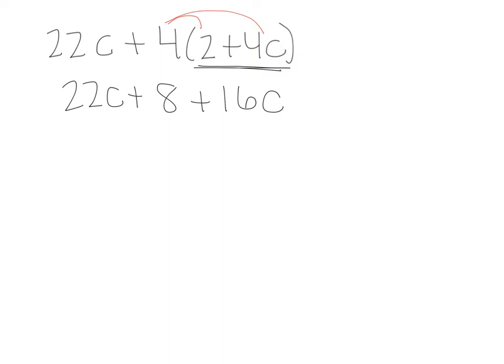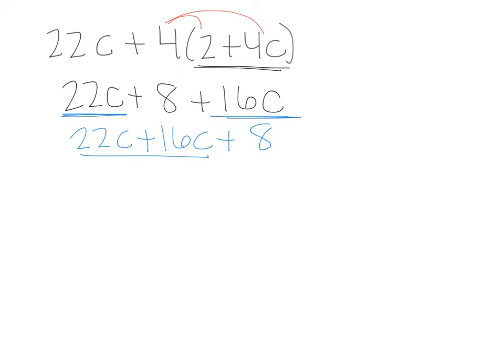Then I want to look at my terms and see if I can combine anything. We have a 22c and a 16c, so those can be combined, and we can again rewrite using our commutative property of addition so that we put our like terms together.